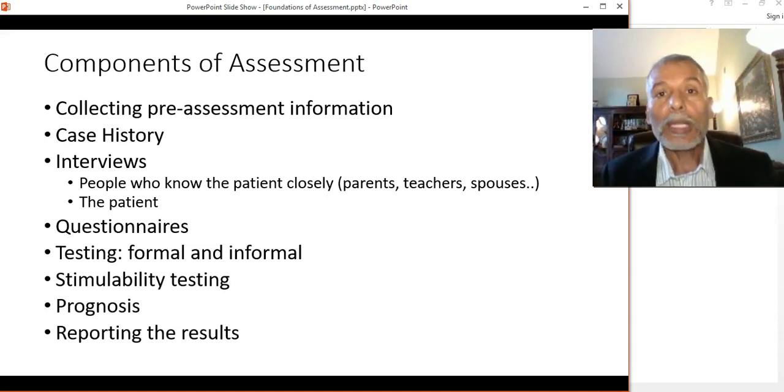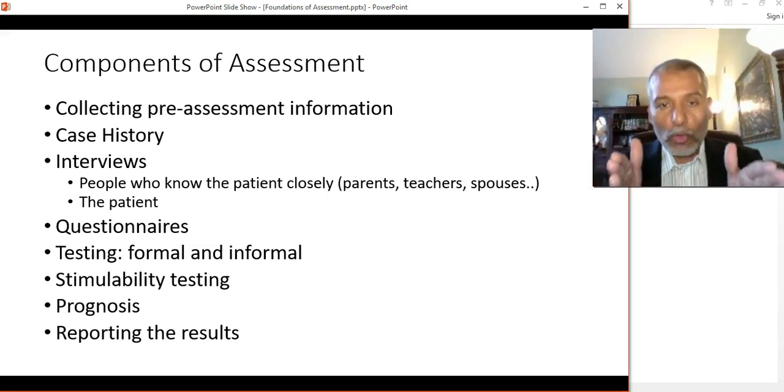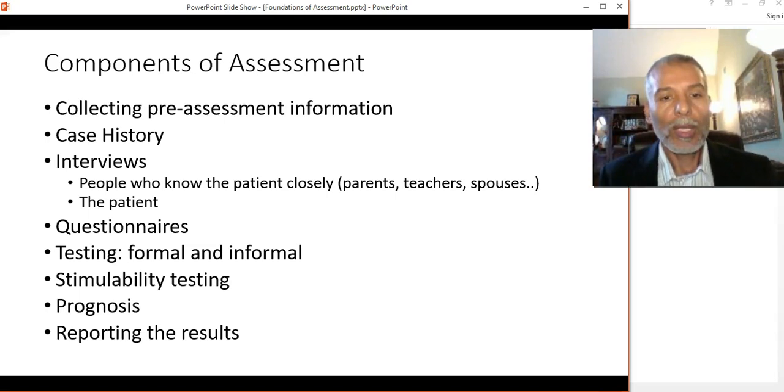So that is a formal test. You cannot modify it. You cannot make any changes. You give it based on the instructions that were given by the developers of that test. Any kind of test like this that doesn't give you much flexibility is called a formal test. And then there are informal ones.